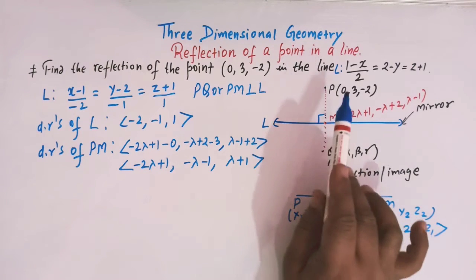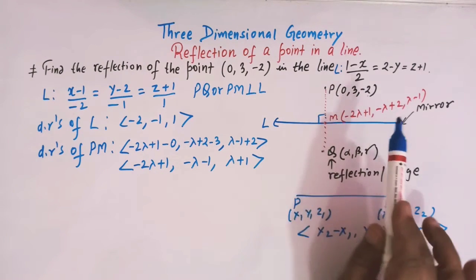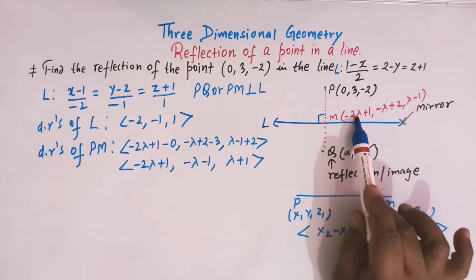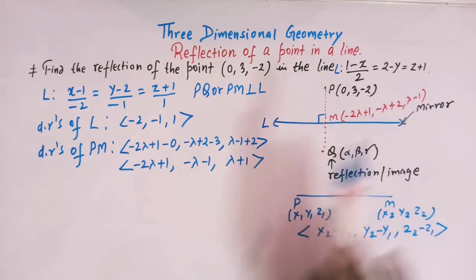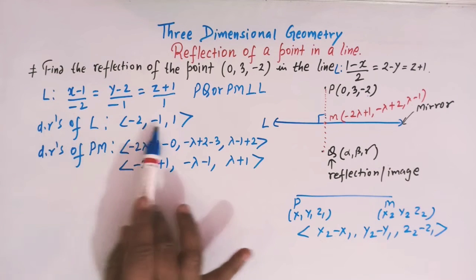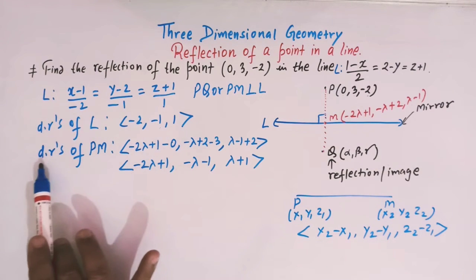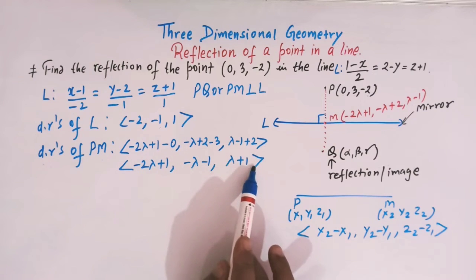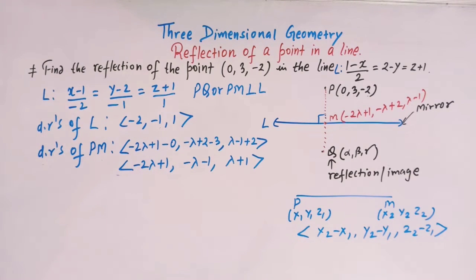Here we can take this as x1, y1, z1 and this point as x2, y2, z2. So the DRs of L are given by these numbers and the DRs of PM are given by these numbers.